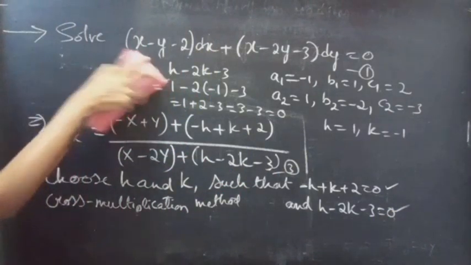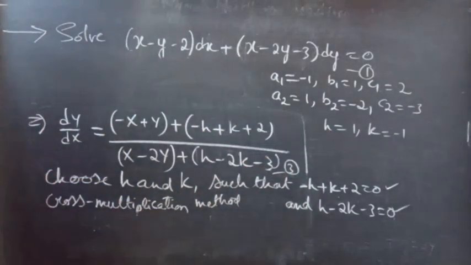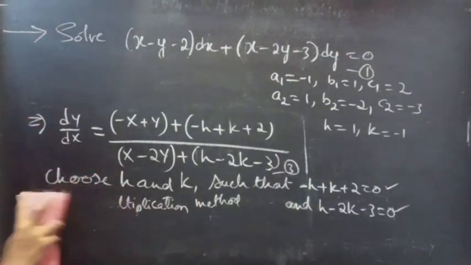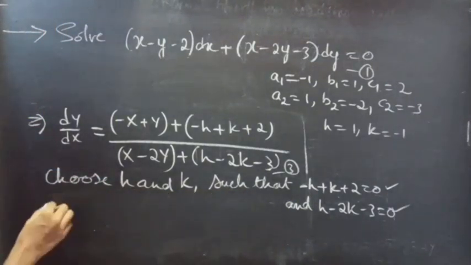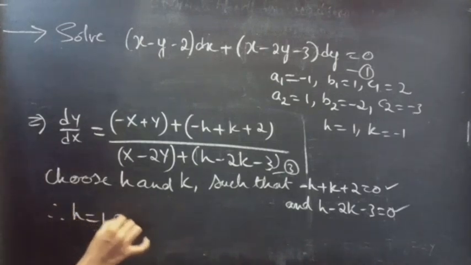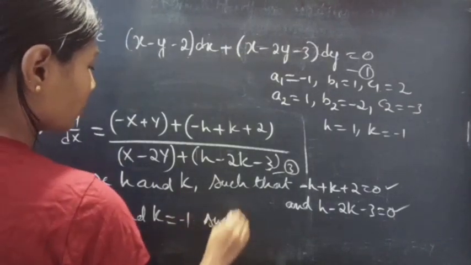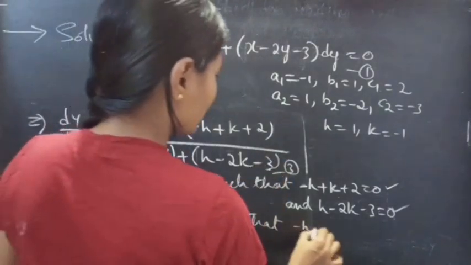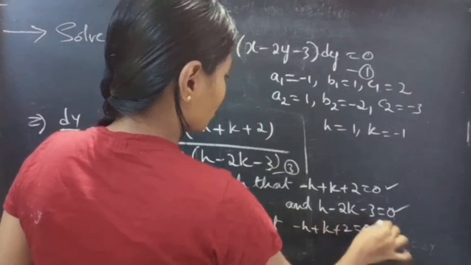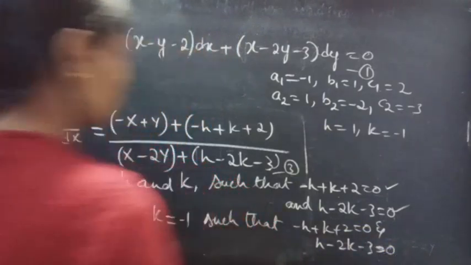So we got the values of h and k that satisfy these two equations, right? From this we can say that the h and k values are correct. Therefore h equals 1 and k equals minus 1, such that these two polynomials become 0: −h + k + 2 = 0 and h − 2k − 3 = 0.